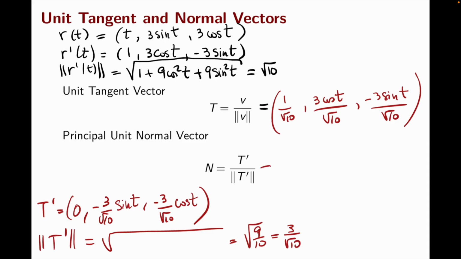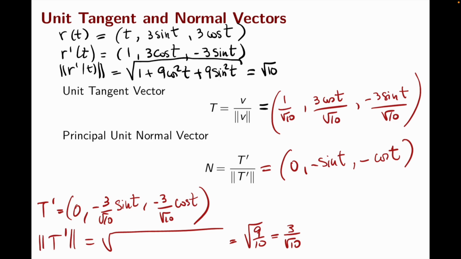So then the normal vector is going to be equal to T prime divided by its norm. So it's going to be 0, comma, minus sine of t, since these two cancel, comma, minus cosine of t.